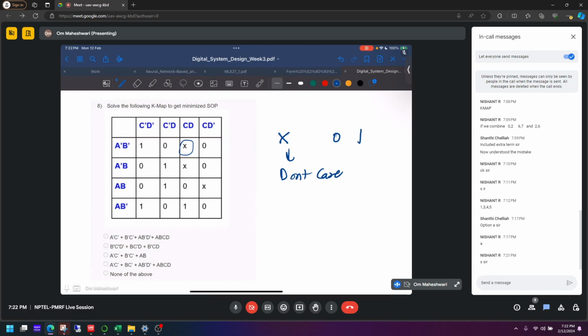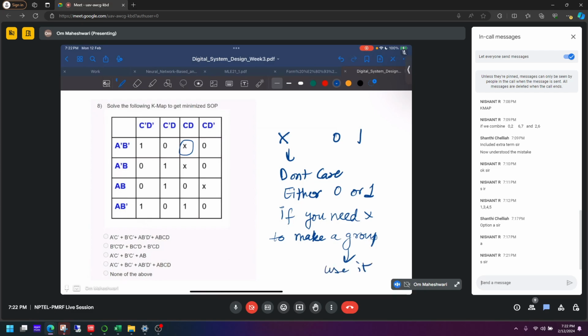X can be either 0 or 1. So as per your convenience, if you need X to make a group, you use it.